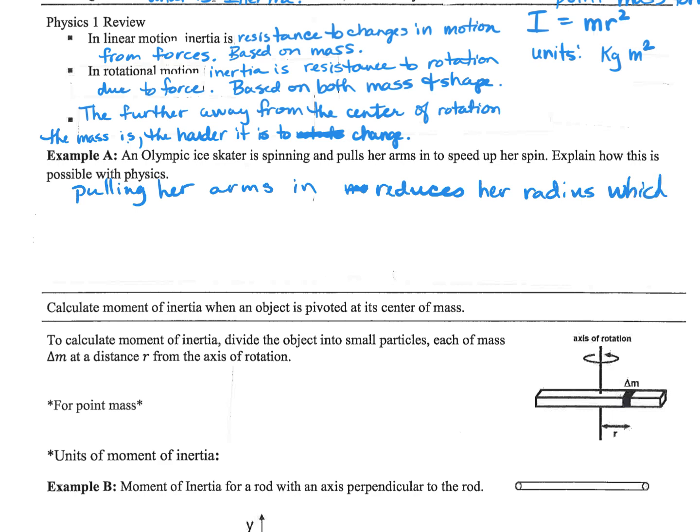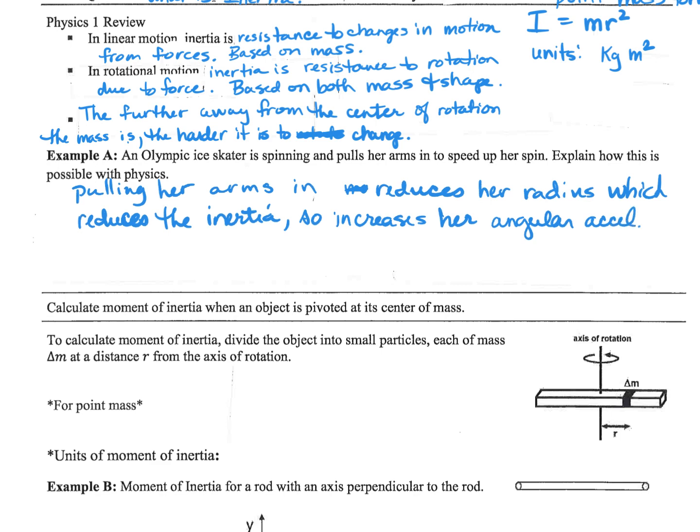Which does what? It reduces the inertia. So it increases her angular acceleration. It's not actually her speed that goes up, it's her acceleration that goes up, which then also increases her speed, doesn't it?